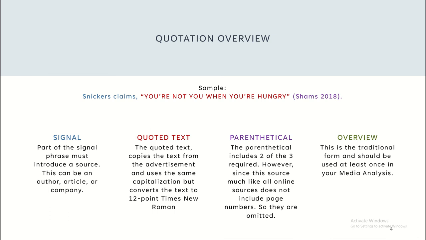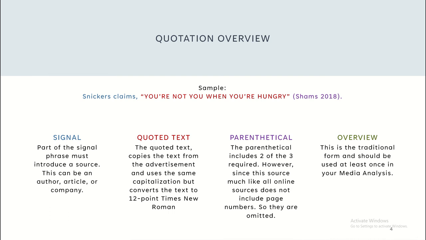This quoted text is copied from the advertisement, and I maintain the same capitalizations. You'll also use any spelling or punctuation errors that they have. You'll include them because you're taking it word for word. However, you should still convert it to whatever font you're using in your essay, which should be 12-point Times New Roman. So make sure that you're changing the font to match yours.